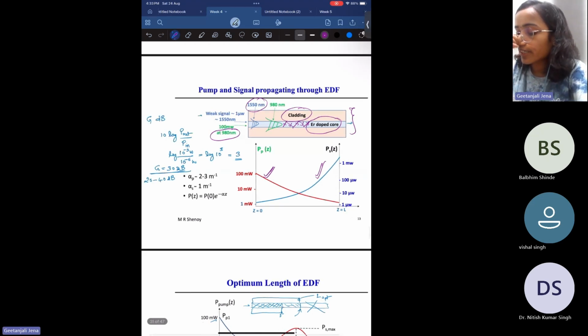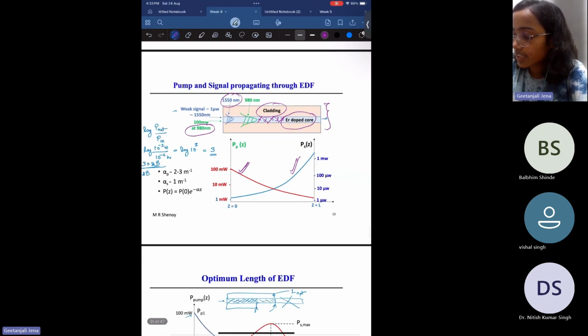So if you want to find out what is the gain in this fiber, this fiber has a length. What is the length? Length is z equal to L. And what is the gain formula? It is 10 log10 of P out divided by P in. Okay.